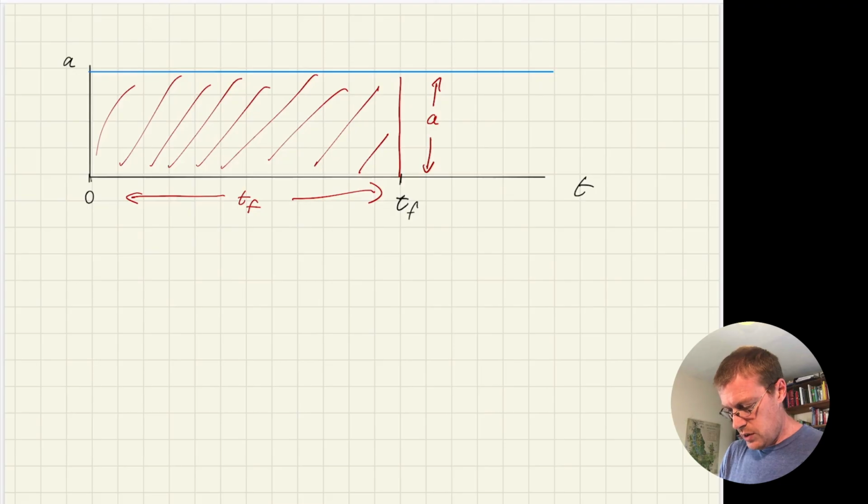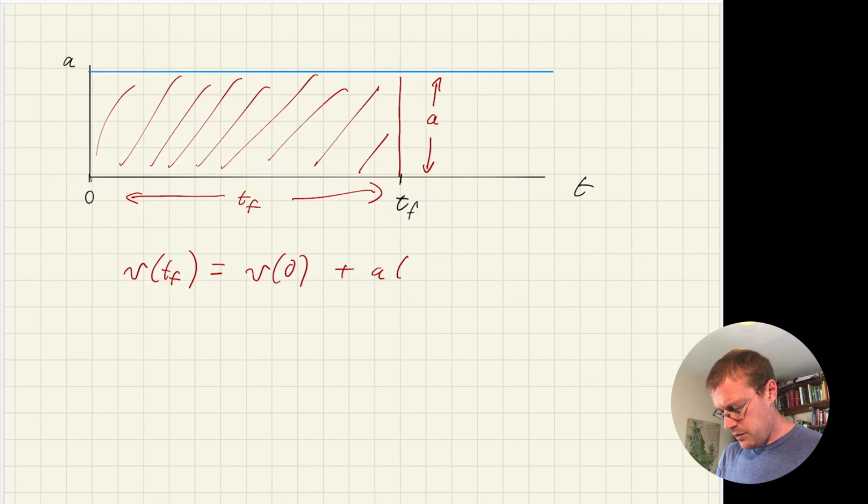So in other words, V of TF is equal to V at time 0 plus A TF. And I usually introduce a new symbol for the velocity at time 0, and I call this V sub 0.